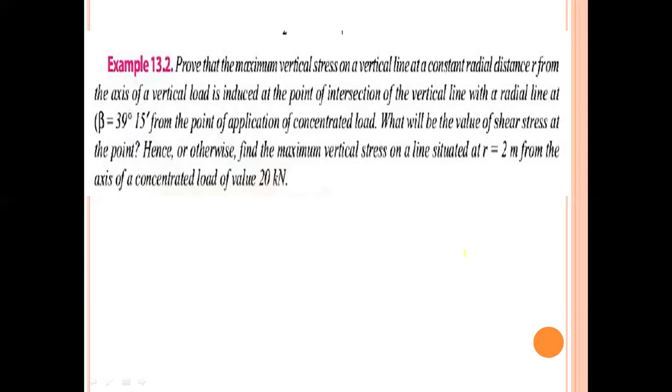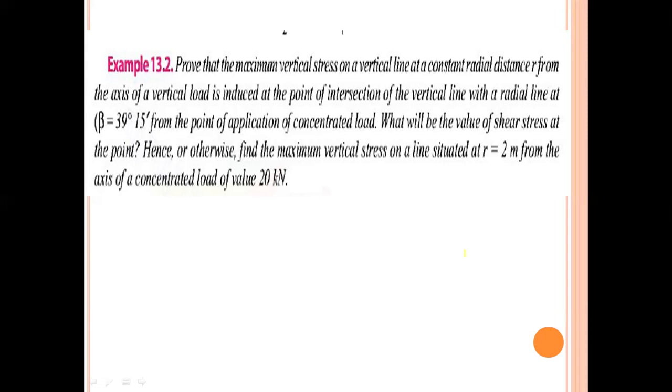What will be the value of shear stress at point S? Or otherwise, find the maximum vertical stress on the line situated at r equal to 2 meters from the axis of concentrated load of value 20 kilonewtons. So all of you write the problem firstly.